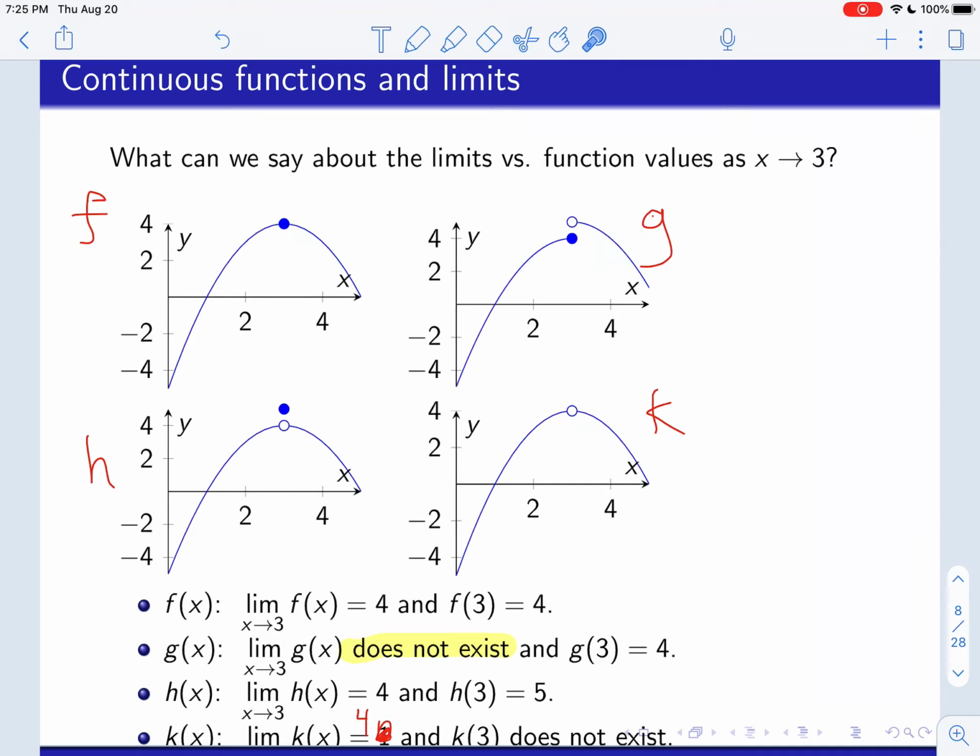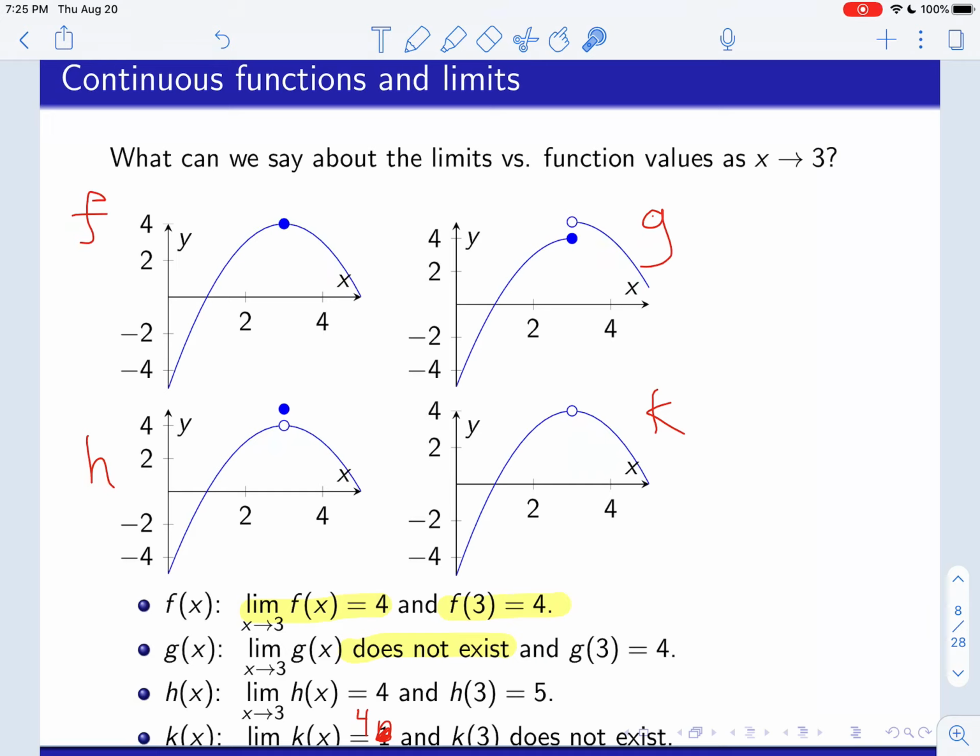So the thing that you should notice is that, remember, f was the only one that looked continuous. It's also the only one where the limit number and the function number are exactly the same. In all the other cases, something's different. One doesn't exist and the other does, or they're just flat out different numbers, like with h.